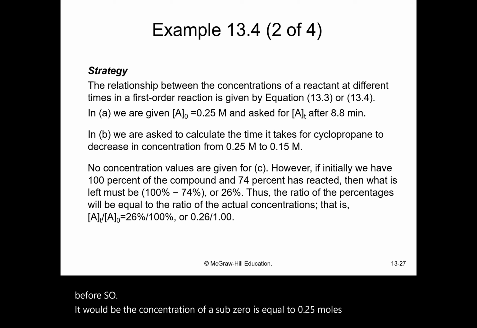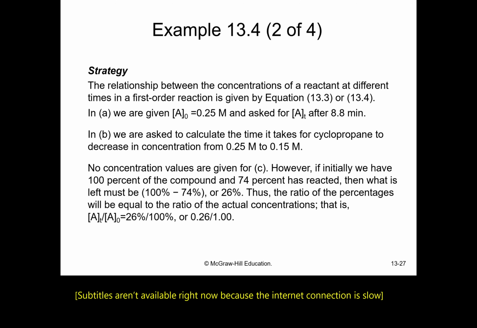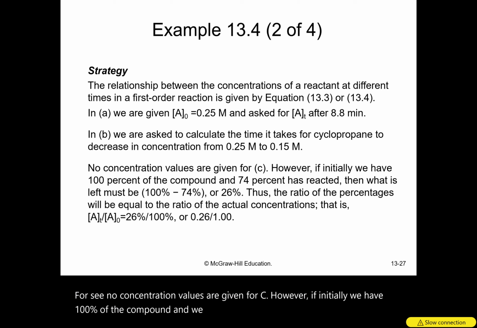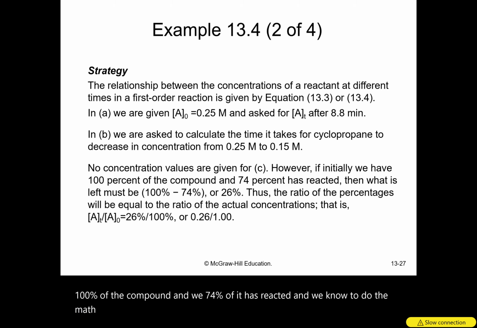And in B, we are asked to calculate the time it takes for cyclopropane to decrease in concentration from 0.25 to 0.15. For C, no concentration values are given. However, if initially we have 100% of the compound and 74% of it has reacted, then we know to do the math by having 100 minus 74, which is equal to 26.